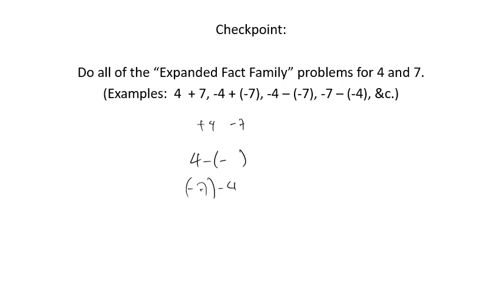So let's do it like this, negative 7. There we go, that's better. So you'll need to do this one and then negative 4 and then negative 7 in both orders here as well. Negative 7, negative 4, because there are going to be different solutions because obviously subtraction is not commutative.